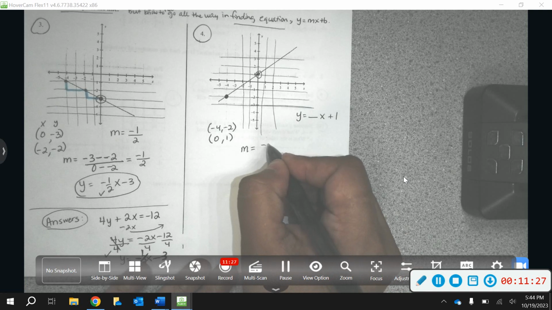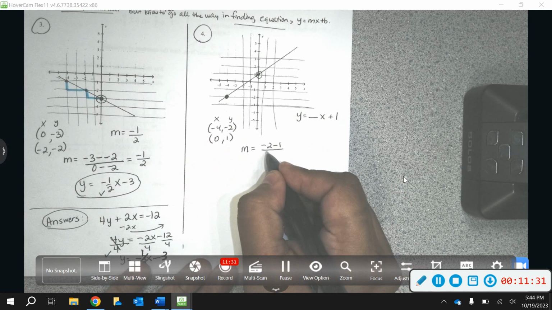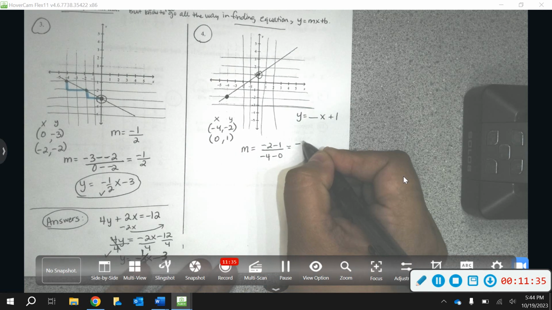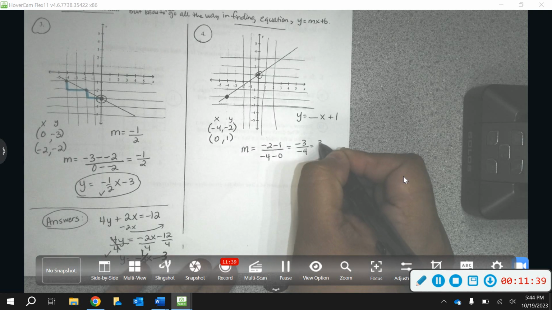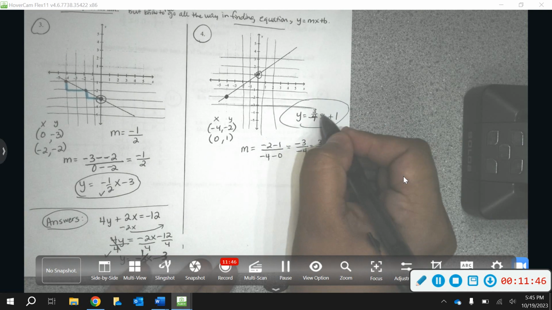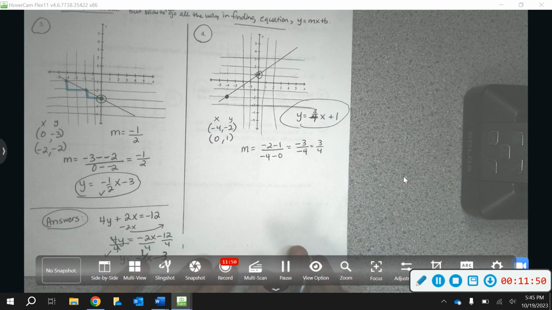You're going to go ahead and do -2 minus 1, because those are my y's, and my x's are, I'm going to start with the -4. -4 minus 0. I have -3 over -4. That's 3/4. So my equation is y equals 3/4 x plus 1.